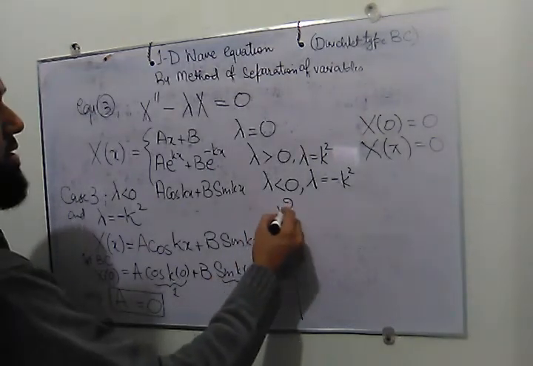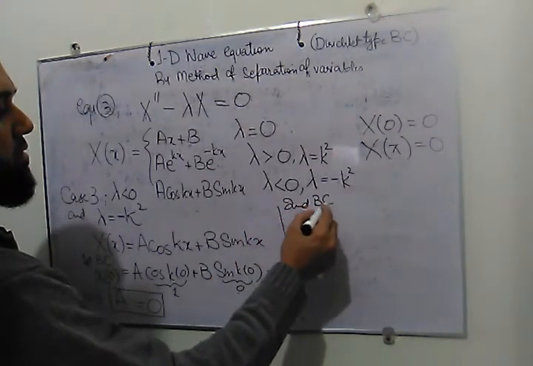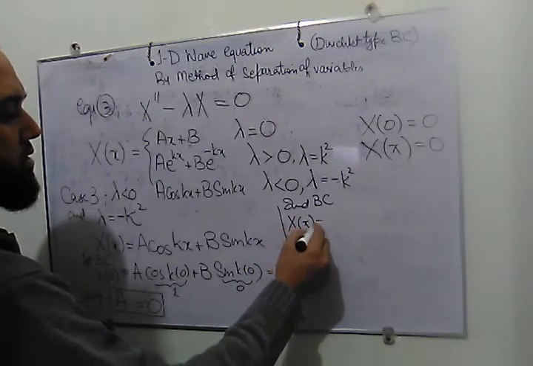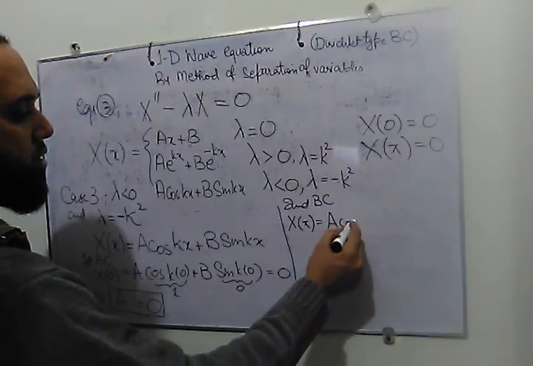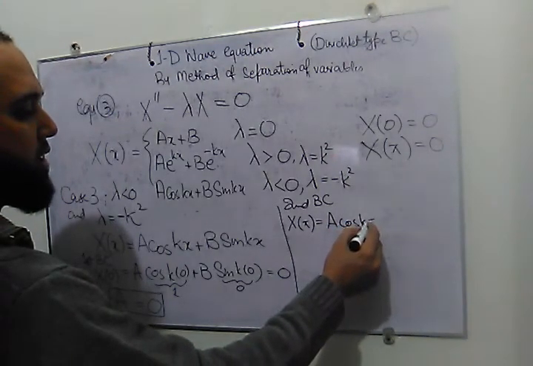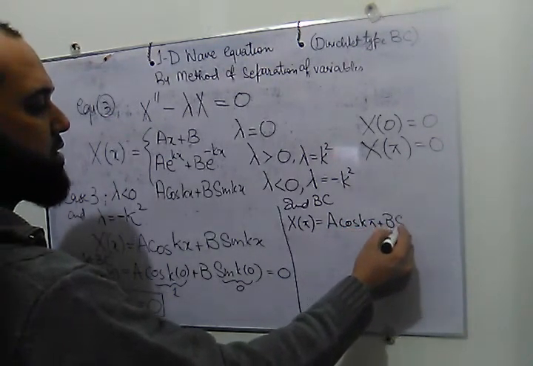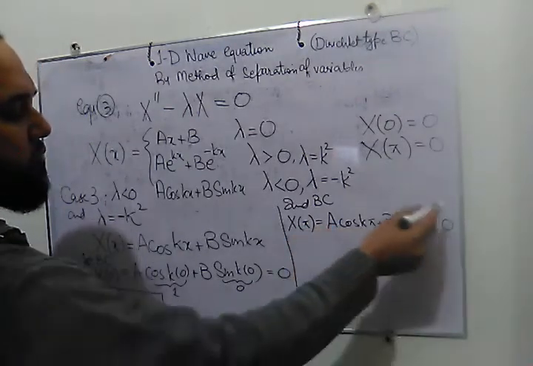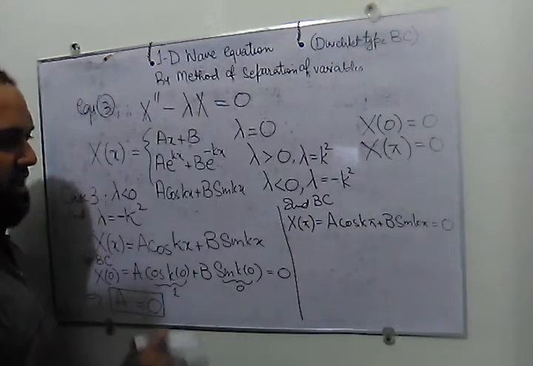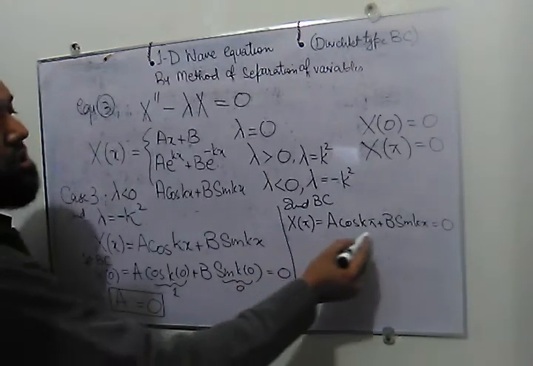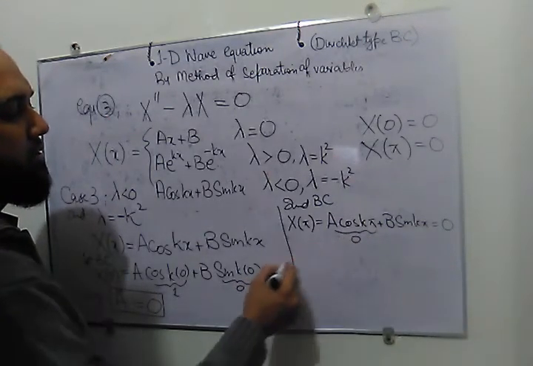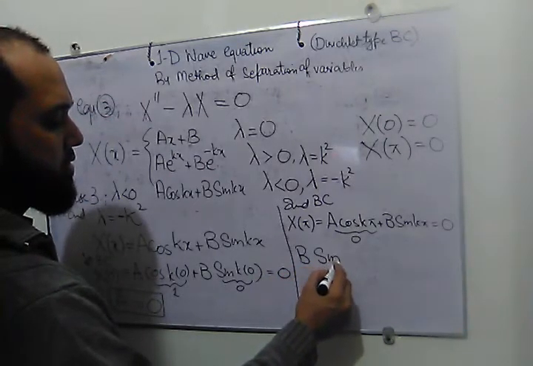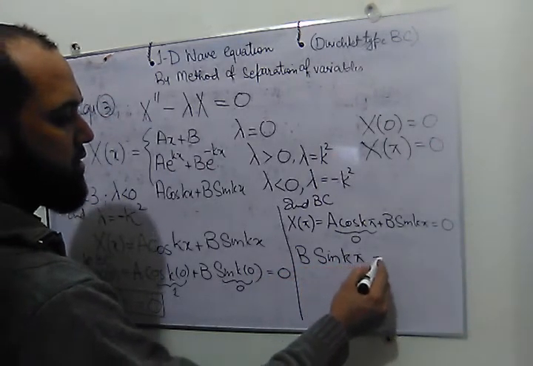Now we apply the second boundary condition in the general solution, which gives us x of pi is equal to a cos k pi plus b sine k pi is equal to 0, because x of pi is equal to 0. We have seen that a is equal to 0 already, so this portion vanishes and we have b sine k pi is equal to 0.